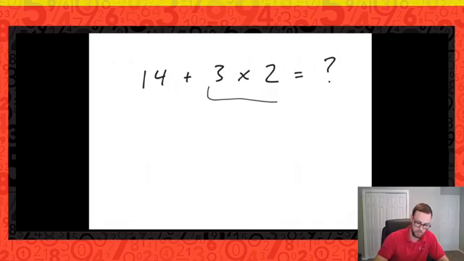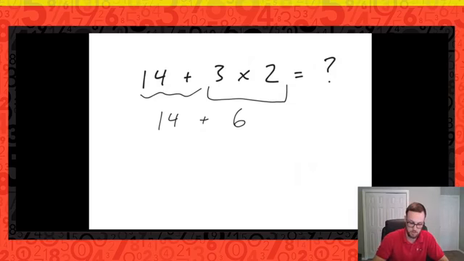We're going to do 3 times 2 first. Yep, and that's 6. Very good. So now, if I bring down the rest of my problem, I still have this to do. So what's 14 plus 6? Very good. So the answer to our first problem is 20. All right, nice job.